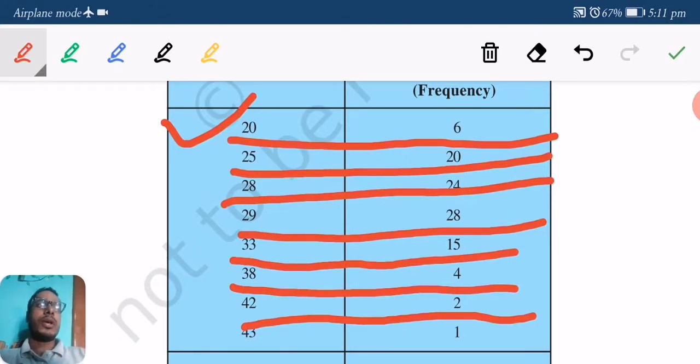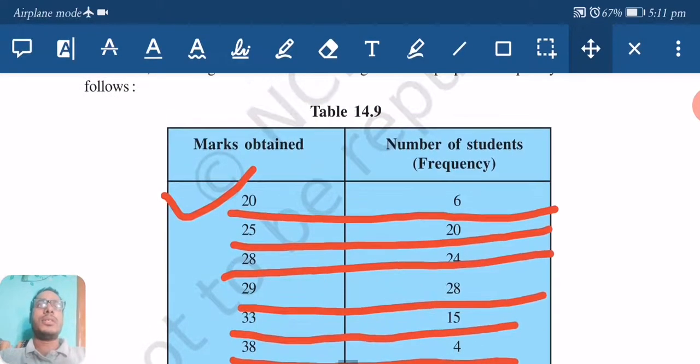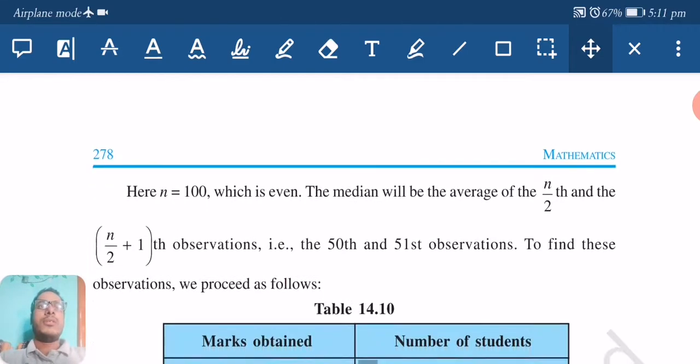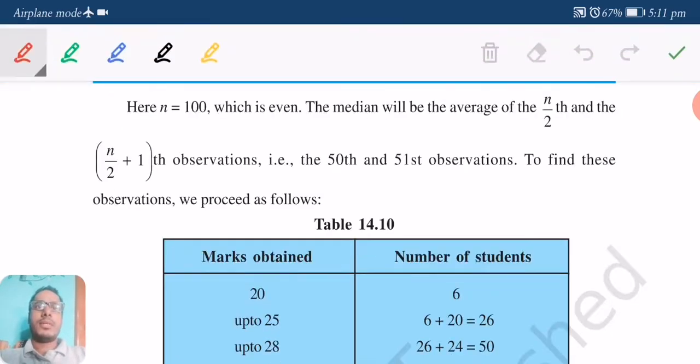So this is the way we arrange the given information in frequency distribution table format. Now if you see here, n is 100, the total number of students, which is taken as the frequency. So what is the median? First of all, n is 100, that means it's an even number.